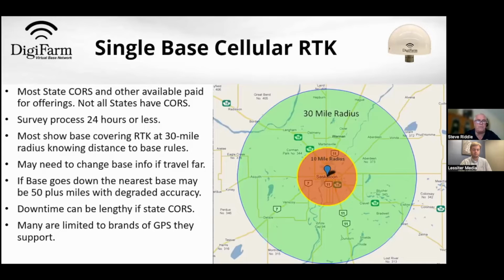You also might have to change base ID information if you travel beyond the range of one of these base stations. And if one base goes down, also like radio RTK, now here you could probably pick up that signal from the nearest other base station, because cellular is not restricted by line of sight.